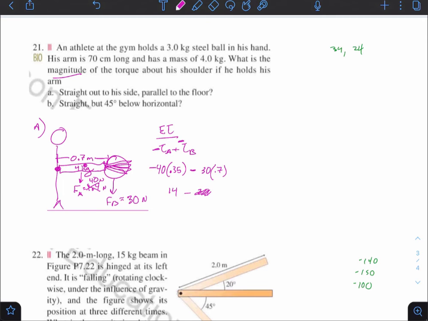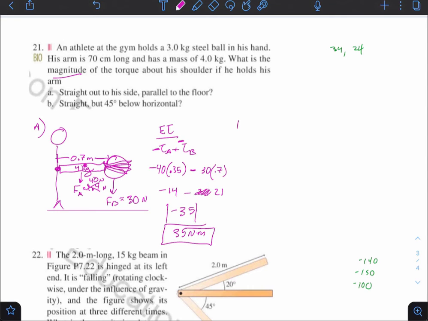Wait, no, that can't be. Oh, 21, not 2.1. 21, that's why. So negative 14 minus 21 is negative 35, but they said magnitude, so 35 newton meters.